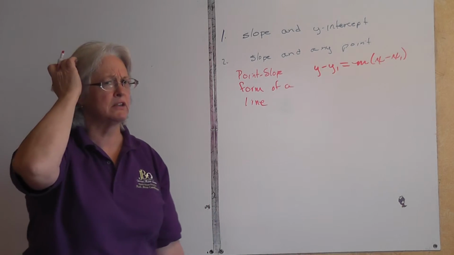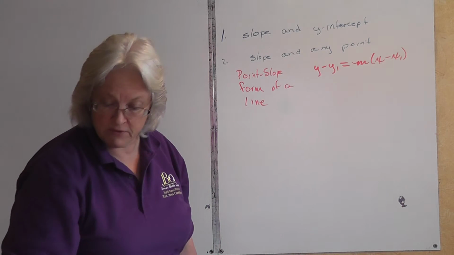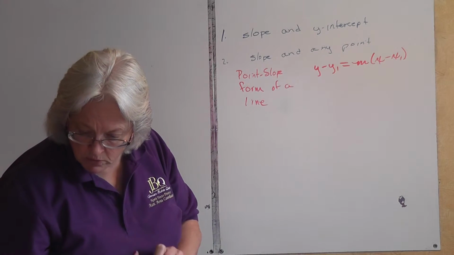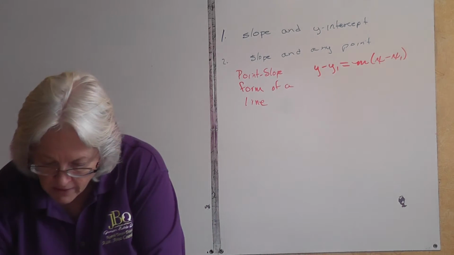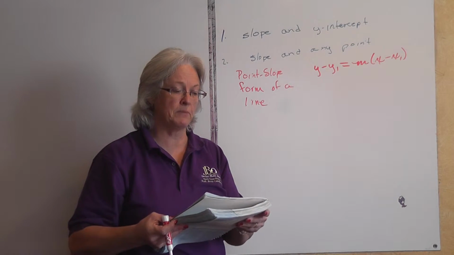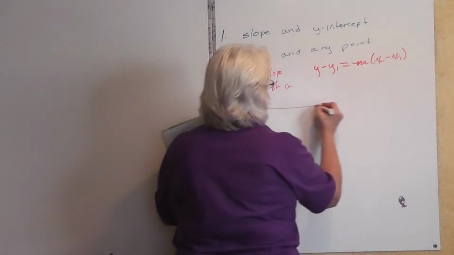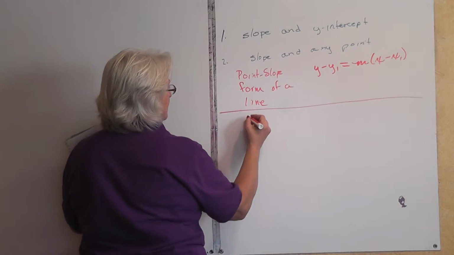And if you're still sitting there scratching your head, don't worry, you don't have to pause the video yet. Let me just show you one of these. I'm going to do example 3. And this tells us to find the equation of the line that passes through the point 1, 5 and has a slope of 3.